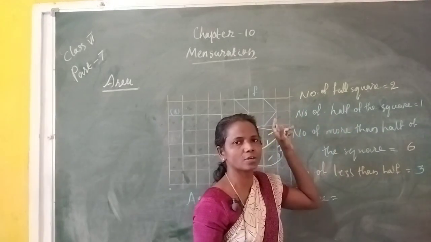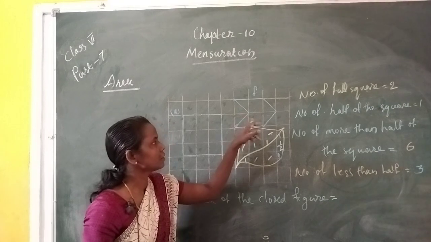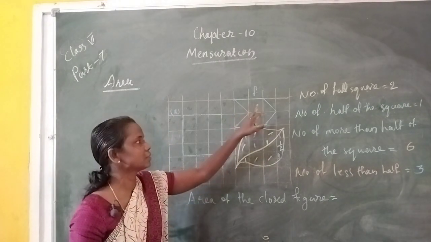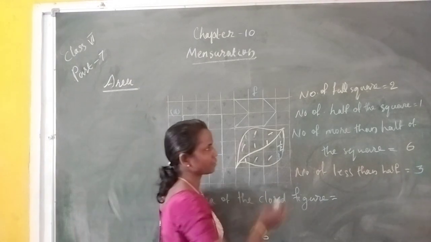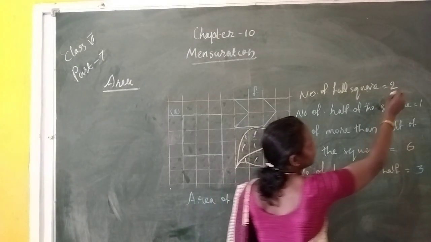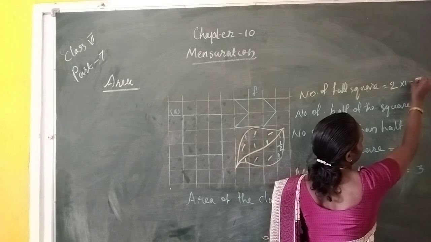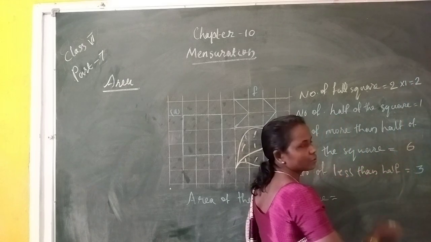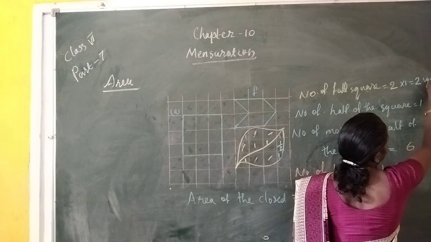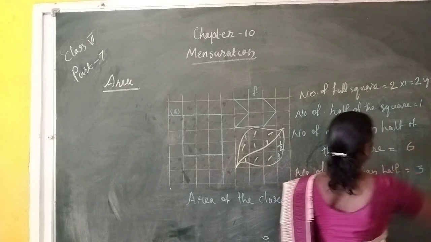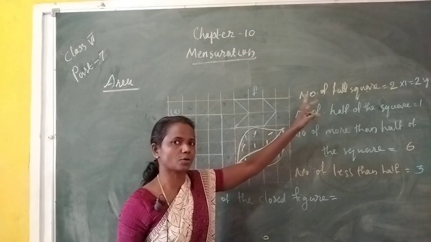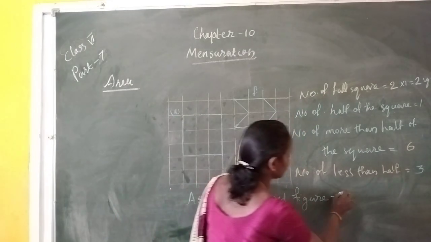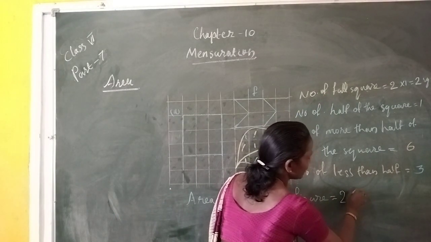We know the area of 1 square is 1 square unit, 1 centimeter square. So 2 into 1 is 2 square units. So 2 square units, plus.